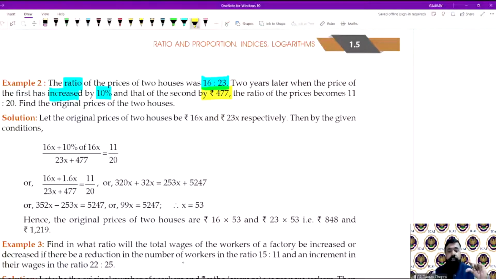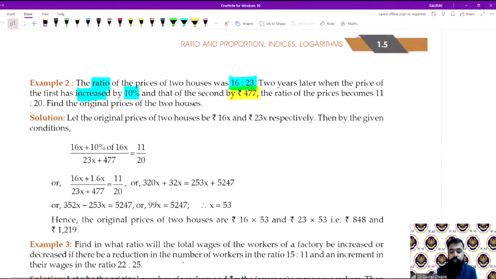First is having an increment of 10%, second is having an increment of 477. Now, the ratio of prices becomes 11:20. So find the original prices of the two houses.